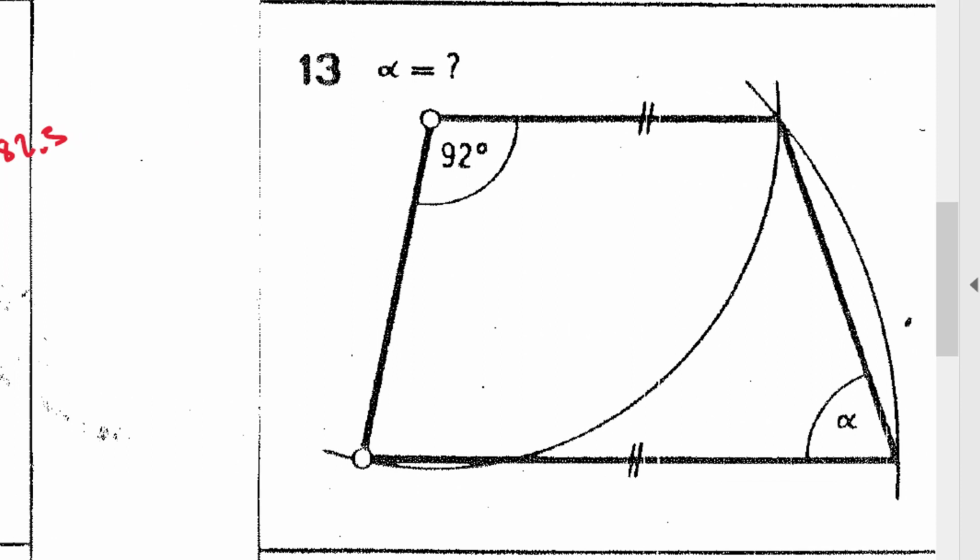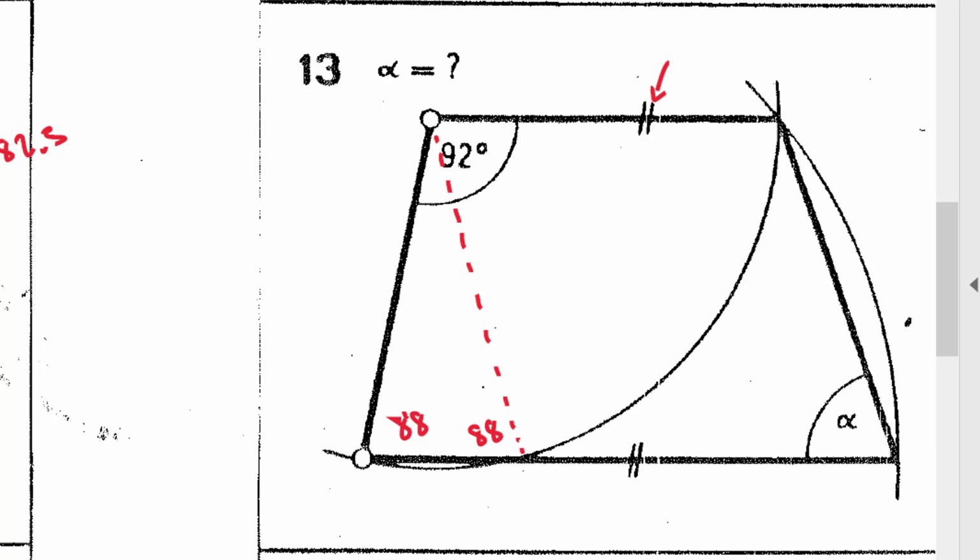Okay, number 13 is one of the tougher ones for sure. You need to draw in an auxiliary line here and recognize that these are parallel lines. And so if this is 92, these two angles here and here are going to be same side interior angles, so those are 88. That has to be 88, which means this has to be 88, because it's an isosceles triangle right here.